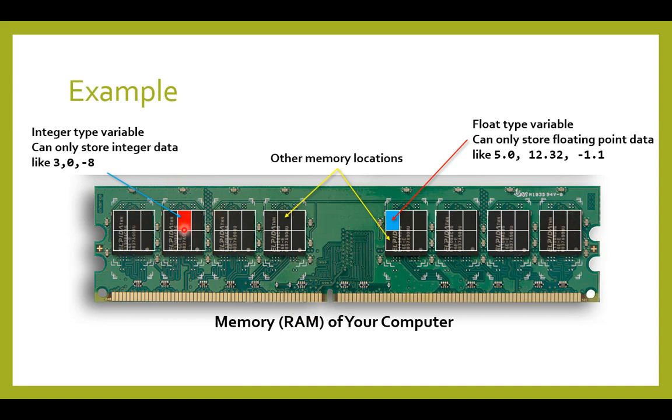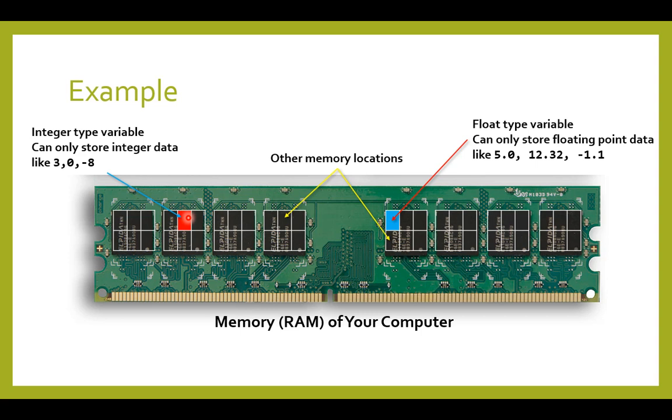If we declare a variable, if we command the computer to have a variable, it will kind of book a place for that particular variable. We don't know the exact location, but arbitrarily it will lock or book a location for us.